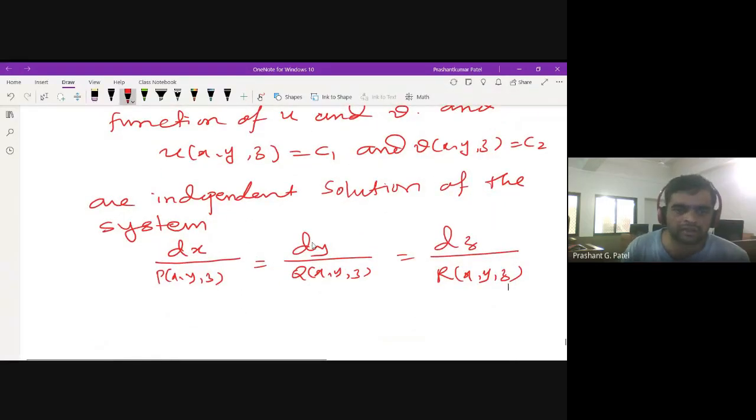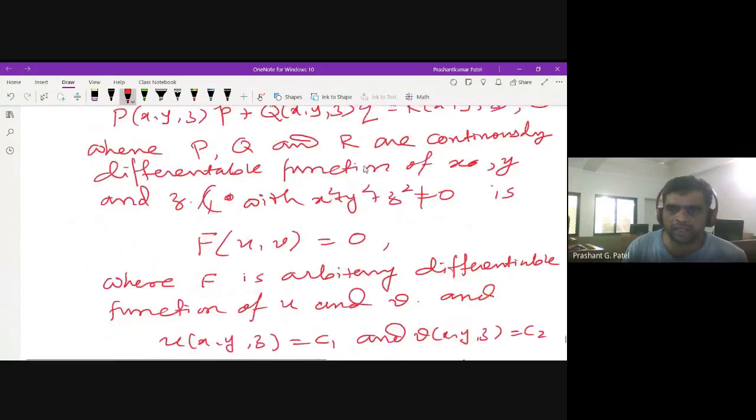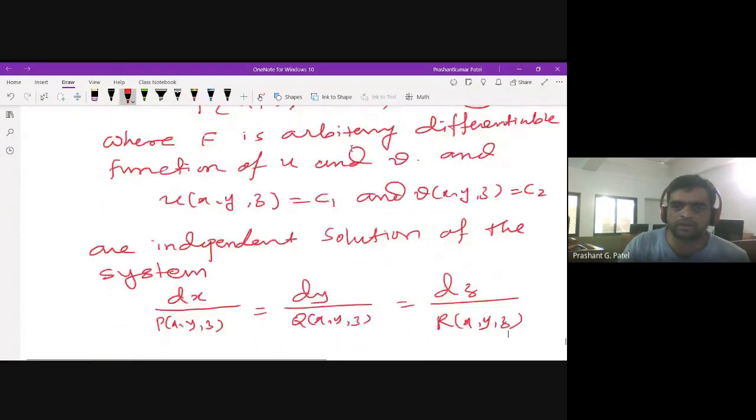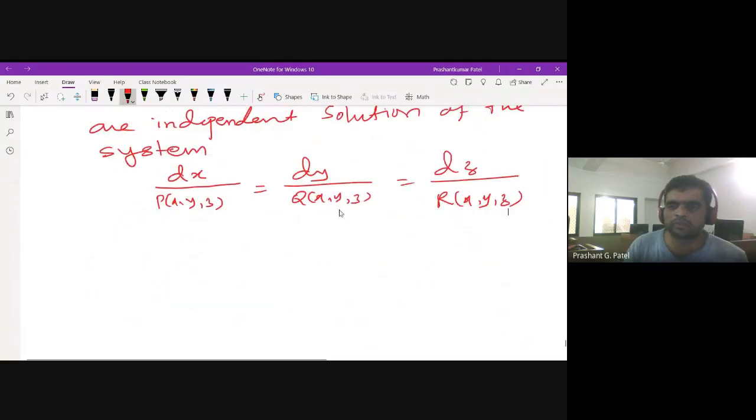If I call this quasi-linear equation the first equation, and the second is the solution I am taking, the third equation is u equal to constant and v equal to constant. And this one is my fourth equation.